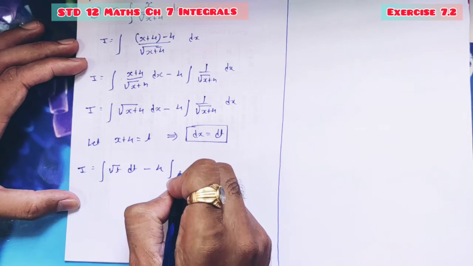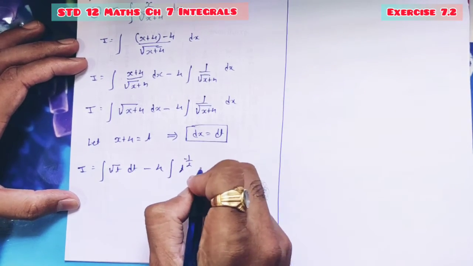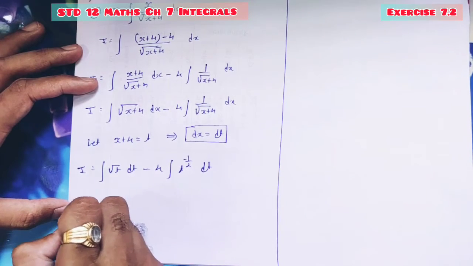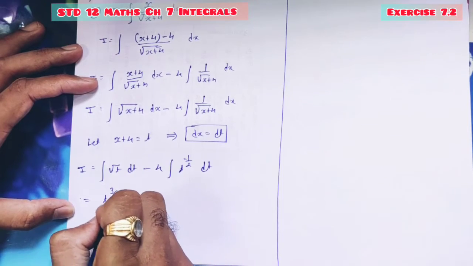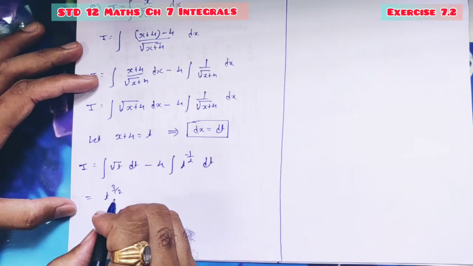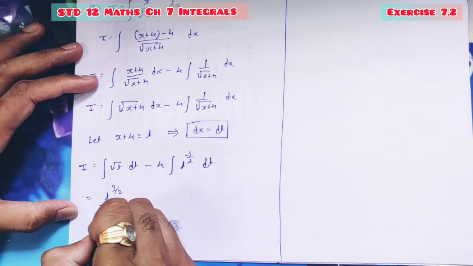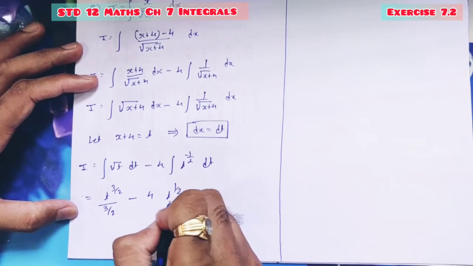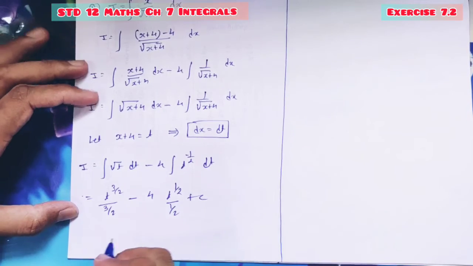So it's a t raised to minus 1 by 2. This is t raised to 1 by 2. So this integration is t raised to 3 by 2 upon 3 by 2 minus 4 into t raised to 1 by 2 upon 1 by 2 plus c.